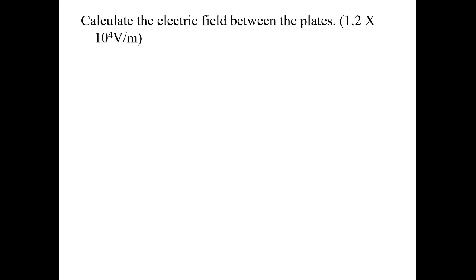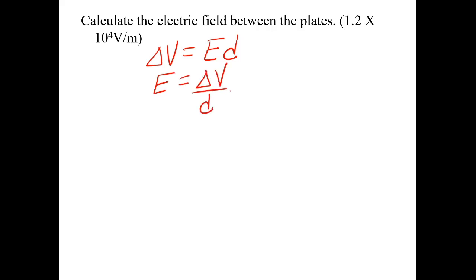Now we want the electric field between the two plates. So we use this formula that we've seen, but we haven't actually done any math with it yet. So the delta V is the electric field times the distance or the separation. So E is delta V over the separation. And we said this was a 12-volt battery, and 1 times 10 to the minus third was the separation.